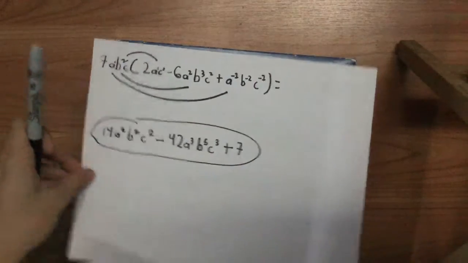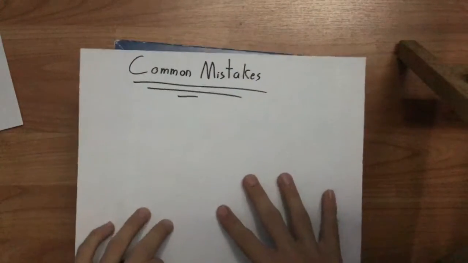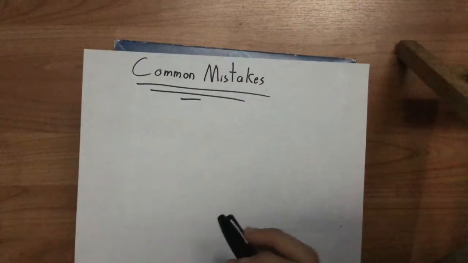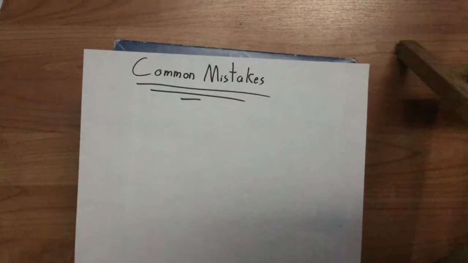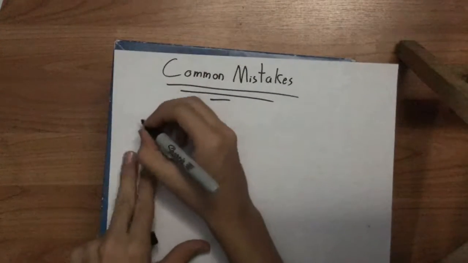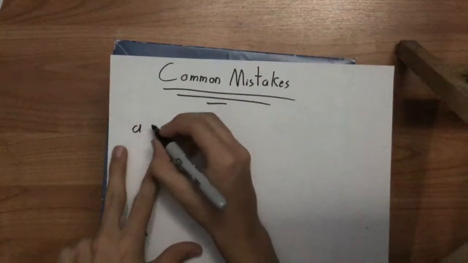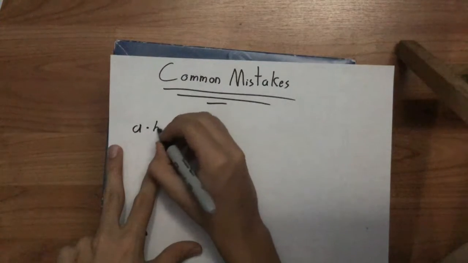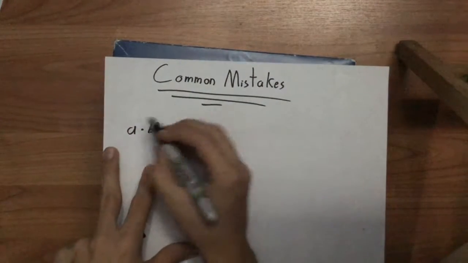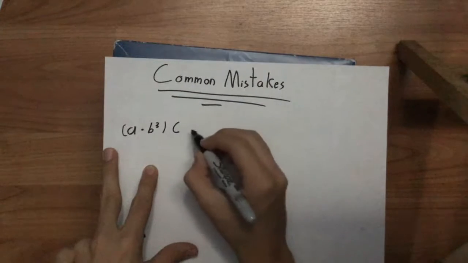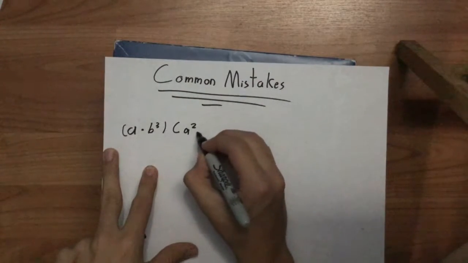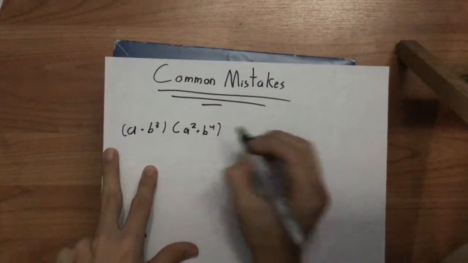Right now, I'm going to show you some common mistakes that can be made in this process. First of all, we need to talk about the variables. So, we can see that a times b to the third power. We have this, and then maybe, I don't know, a to the second power times b to the fourth power.